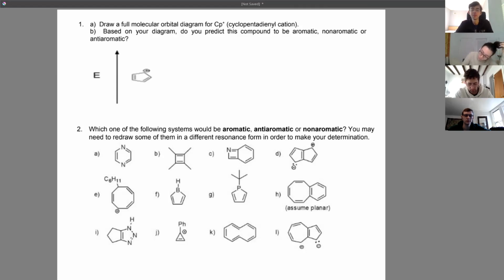For D, number 2, is that a positive charge above the point of the second cyclopentane? Yeah, it is.